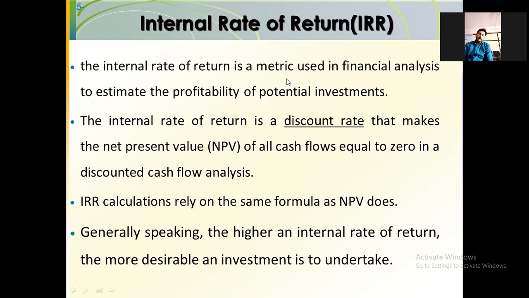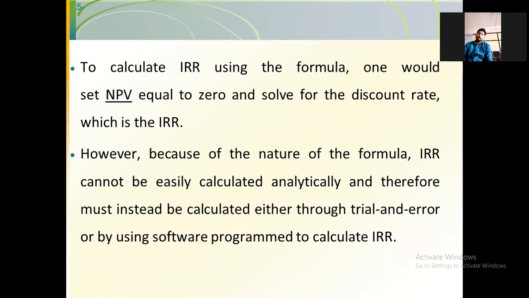So IRR calculations rely on the same formula as NPV. Generally speaking, the higher an internal rate of return, the more desirable an investment is to undertake. So if you are getting the maximum internal return while comparing two businesses, then the business which has the higher internal rate of return should be accepted.